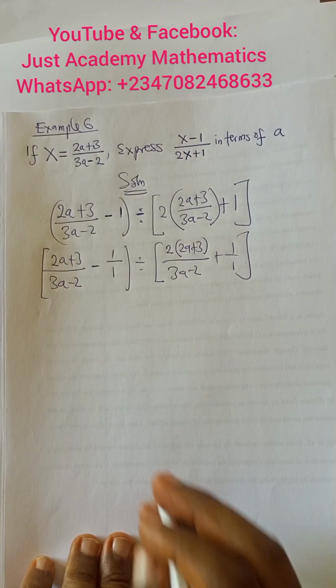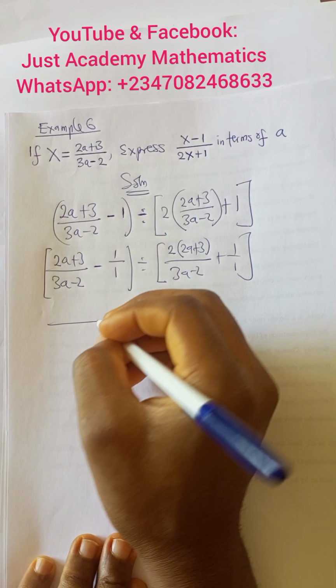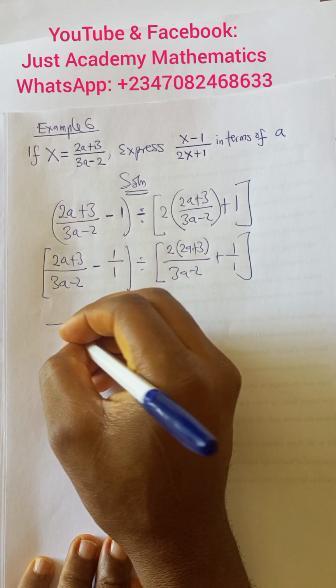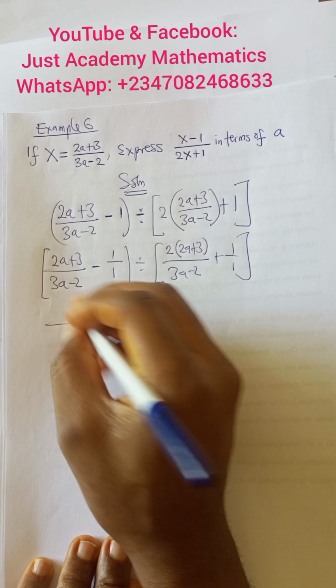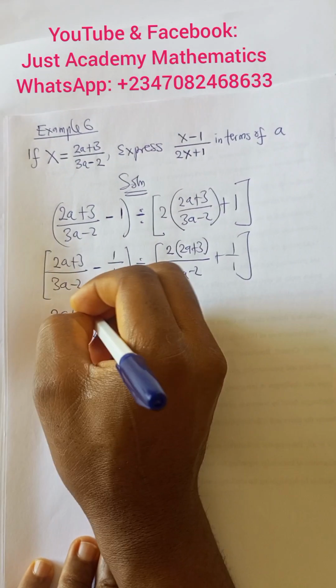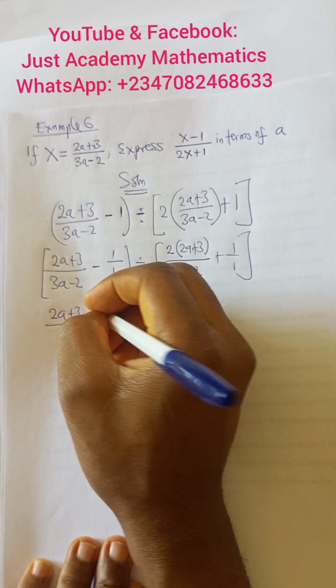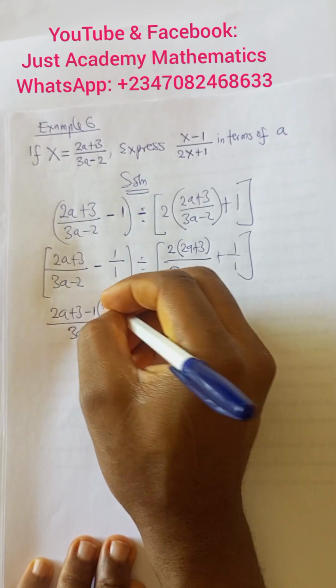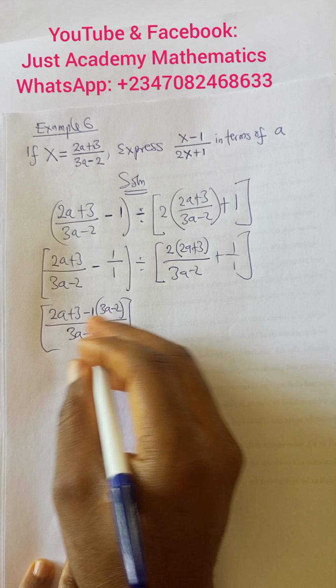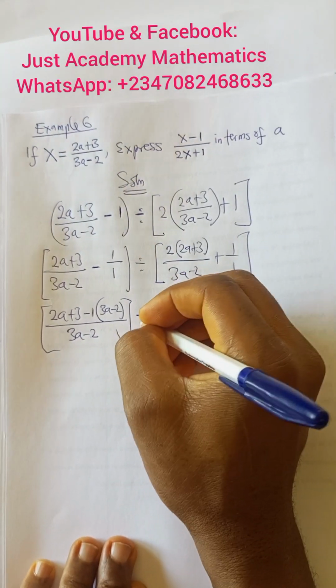All these steps are not even necessary. Here, the LCM is 3a minus 2. Go here, 1 times that, you have 2a plus 3 minus this, go here, 1 times, put it in bracket or else you will fail it. If you don't put this in bracket, you will make a mistake.